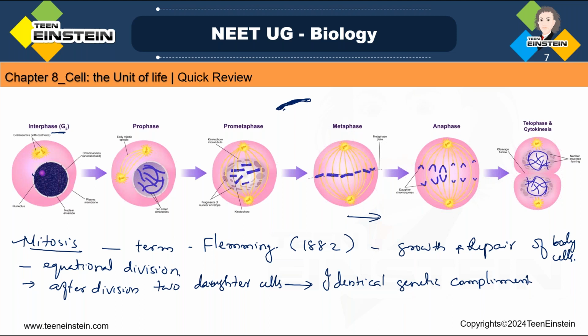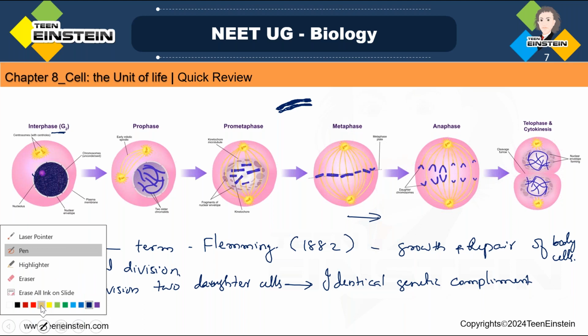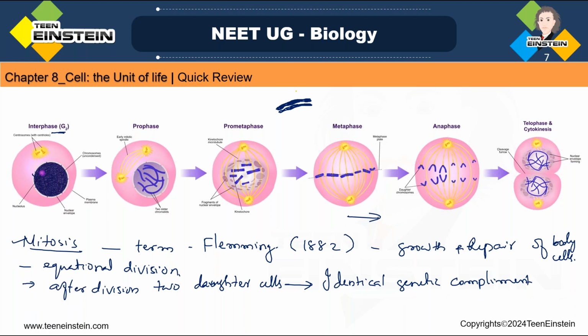Okay, like this you can see the sister chromatids. Here, how will the spindle get attached?